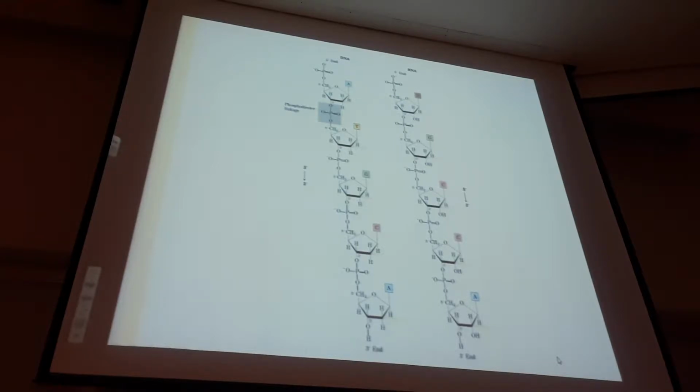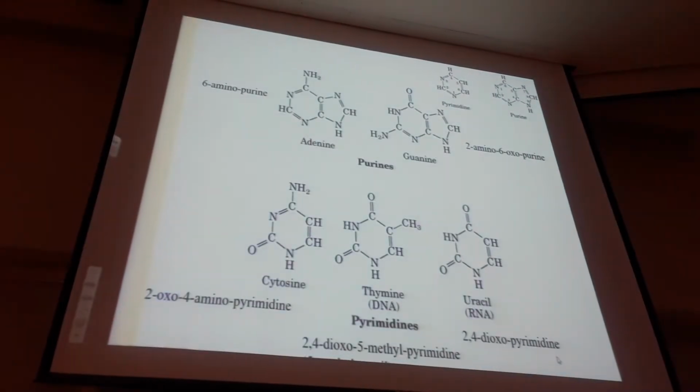in protein biosynthesis. So let's take a look at the structures of the most common pyrimidine and purine nitrogenous bases that we find in RNA and DNA. We'll see later that there are many variations of these structures.